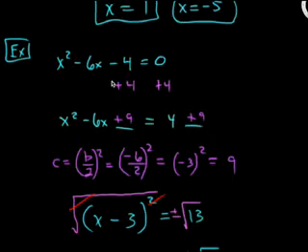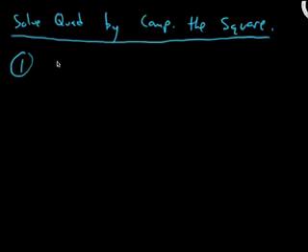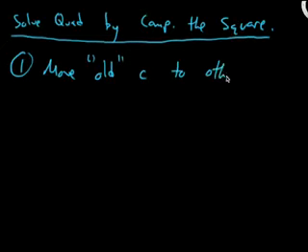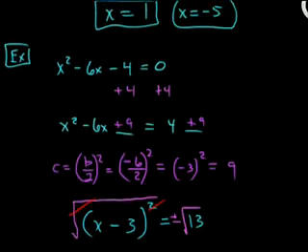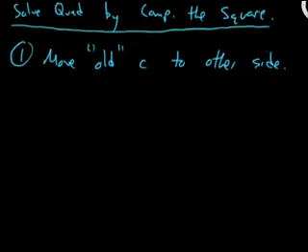Whether it's set equal to 0 or not, you could do that as your first step, but I'm going to assume that it's already set equal to 0. Our first step we did was move c to the other side. And we see that that's what I did here. I had minus 4, I add 4 to both sides. So that was step 1.